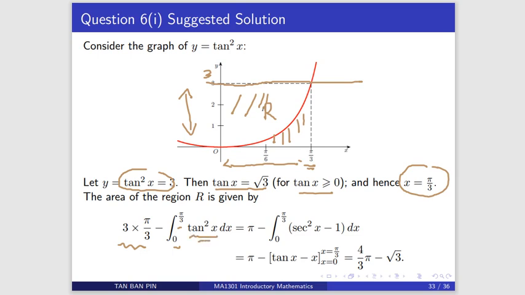Tan squared cannot be integrated directly, but we know that tan squared x is just sec squared x minus 1. So we change it to sec squared x minus 1 and then you can integrate. Integrating sec squared gives you tan x. Integrating 1 gives you x. After that you can work out the area. It's 4 over 3 pi minus square root 3.